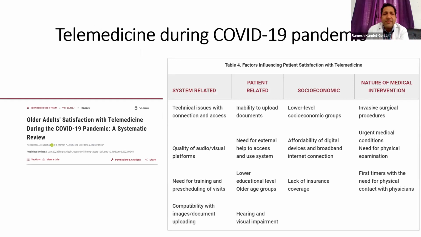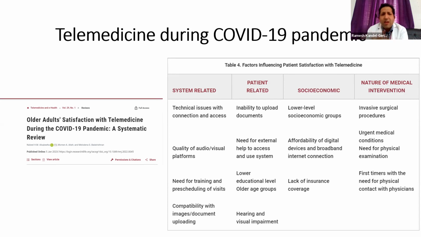So there have been various studies. We have assessed the satisfaction with telemedicine during the COVID-19 pandemic. After the COVID-19 pandemic, telemedicine has come into the limelight. So this was a publication in the Journal of Telemedicine and E-Health, published in January 2023. They have assessed various factors which have influenced patient satisfaction with telemedicine, and there are system-related factors, patient-related factors, socioeconomic factors, and nature of medical intervention.